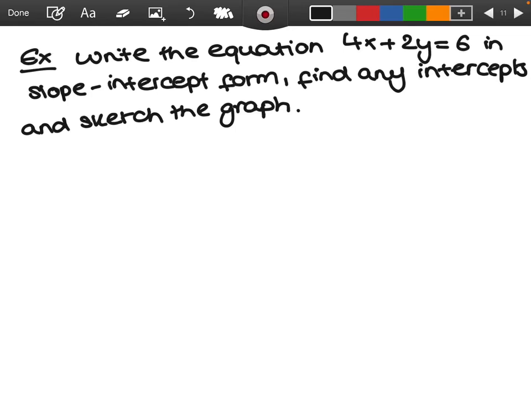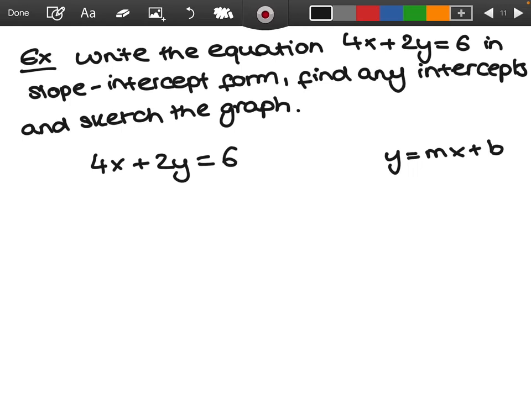So first thing we're going to do is put this in slope-intercept form. I've started out with 4x plus 2y is equal to 6. I've got to rearrange this so that it looks like y is equal to mx plus b, where m and b are constants. Ideally, I want to leave any y terms on the left-hand side and get all my x terms on the right-hand side, and then I can rearrange the constants.